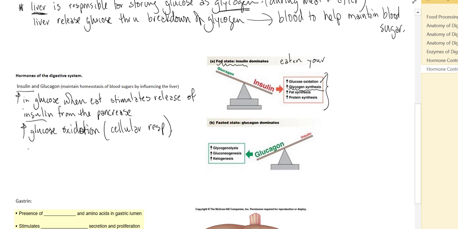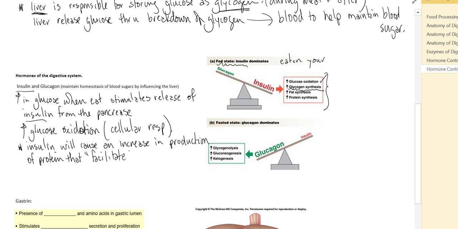So this insulin is going to cause an increase in the production of proteins that, remember, facilitate transport, the uptake of glucose.